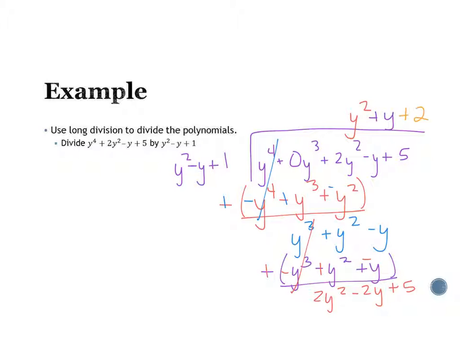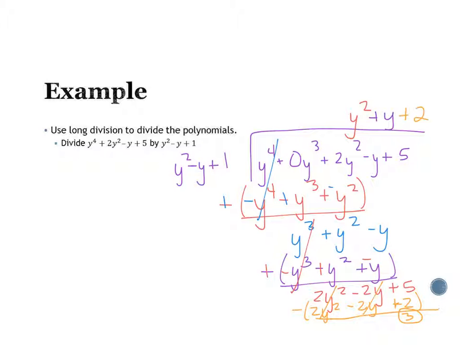So if I multiply, I'm going to get 2y squared minus 2y plus 2. And I'm going to subtract those. My y squareds are going to cancel. My 2y's are going to cancel because it's going to be negative 2 plus 2. And I'm going to get 3 as my remainder.